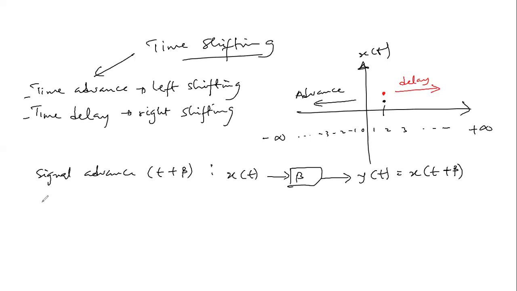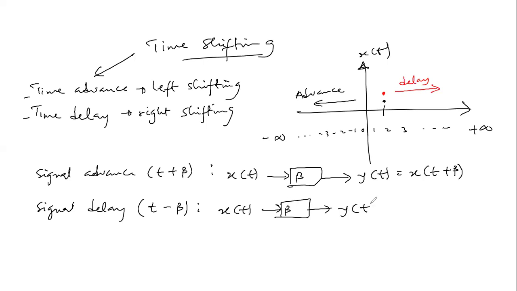Now, if it is signal delay, it is characterized by t minus beta, such that S of t fed into a system characterized by beta will give us y of t being the same as S of t minus beta. Now, beta in this case is some t sub k, some time parameter.